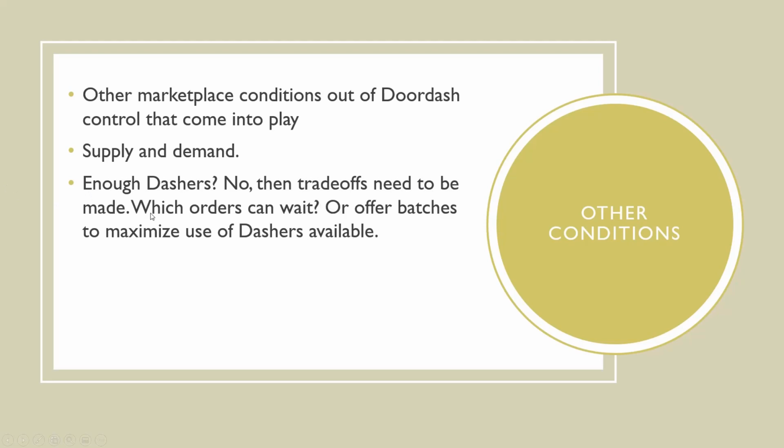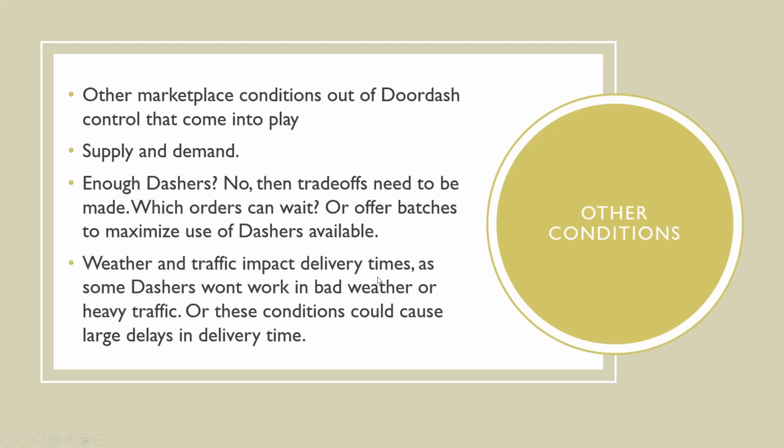Or they can offer batches to maximize the use of the dashers that they do have available. So this is right there on their page that if they don't have enough dashers, they'll hold orders, or batch up ones that may not even make sense to batch, but they will because they don't have enough dashers. I've seen this in person, so I know that they do this.